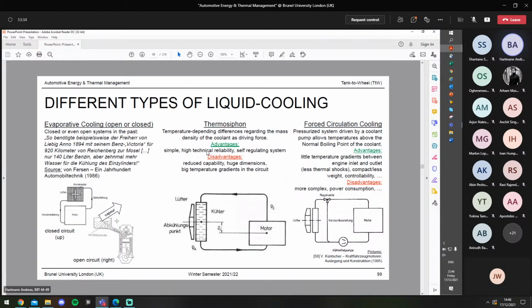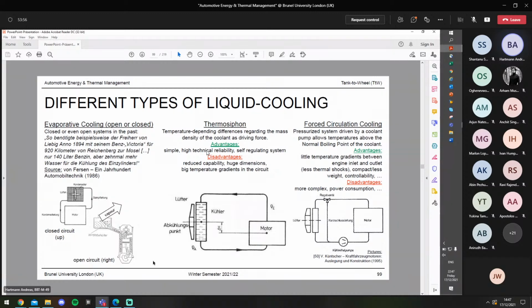And this is actually very simple, as the evaporation temperature of the water is constant for a constant pressure of 1 bar of the environment. You can even achieve a very stable coolant temperature.